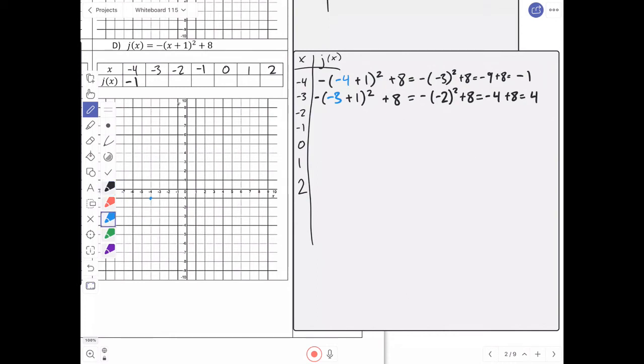So negative 3 made 4, and negative 3, up 4.